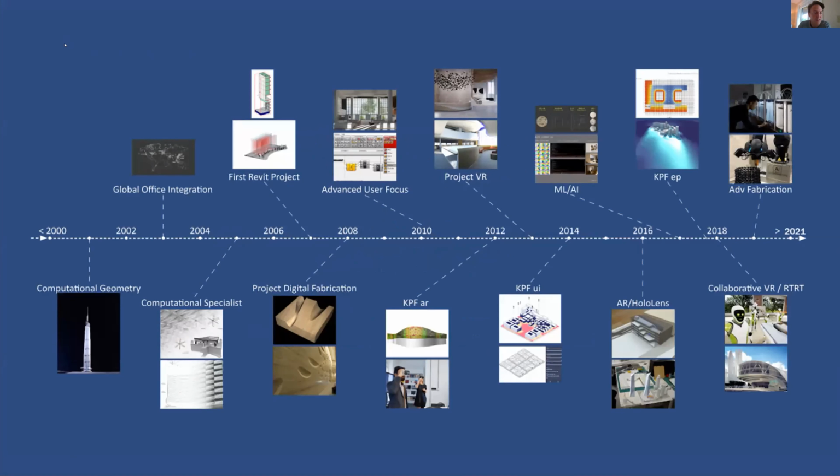Early explorations in computational geometry go back to the 90s. We're showing here 2000s, I think, was the first time we had a computational geometry group, and we continue to really push forward in ways, not only developing tools, but ways that these tools are distributed to architects in the firm.